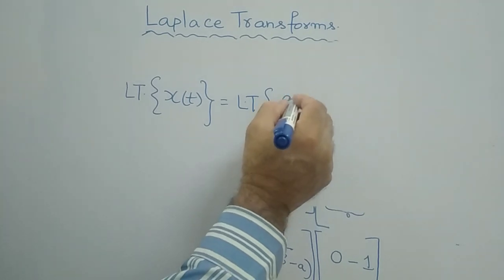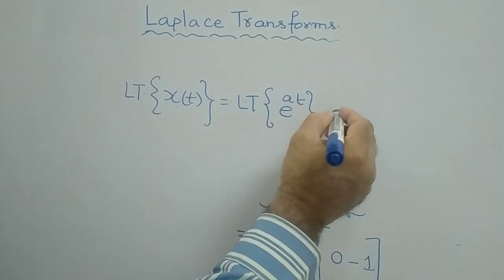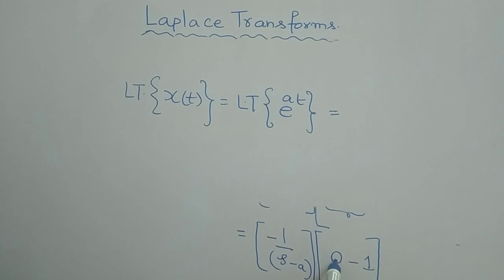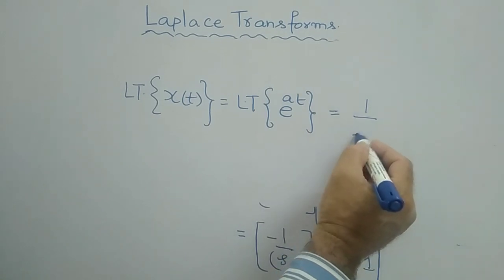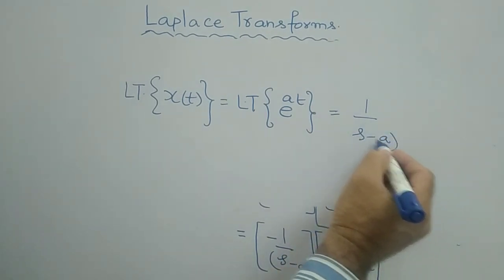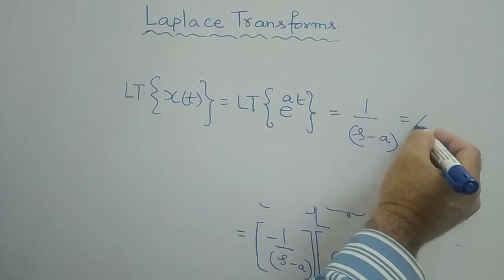E power a into t, no? This is equal to, now here 0 minus 1 is nothing but minus 1. Minus 1 multiplied by this, minus into minus is plus, and obviously we will get 1 by s minus a. This is what your x of s.